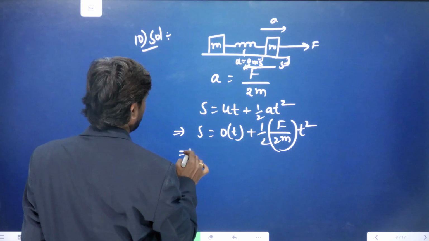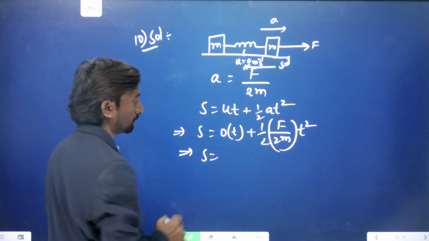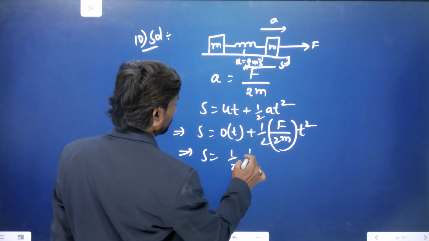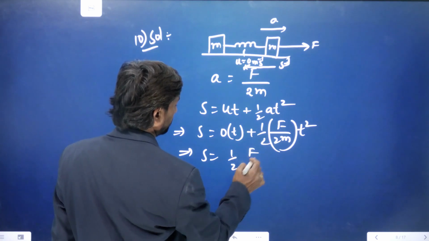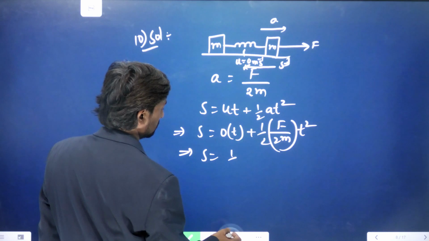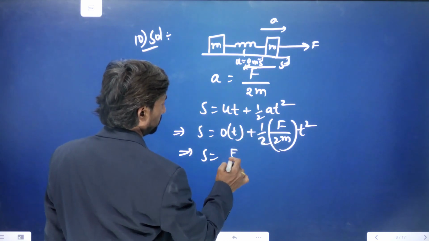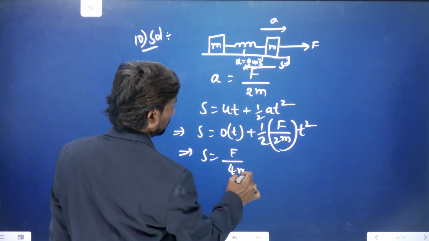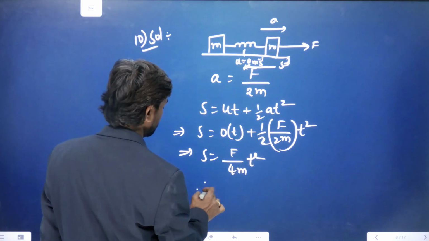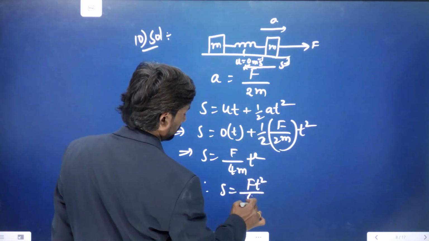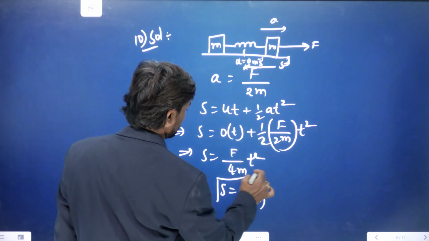So 0 into t is 0, plus half into f divided by 2m, 2 into 2 becomes 4, so f divided by 4m into t square. Therefore the answer is f t square by 4m.